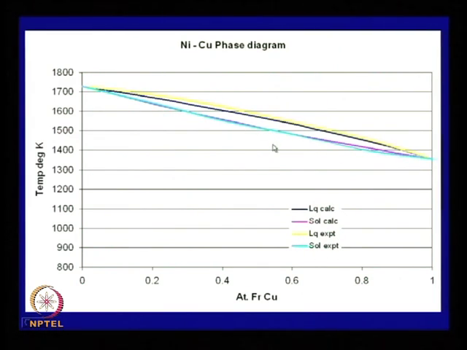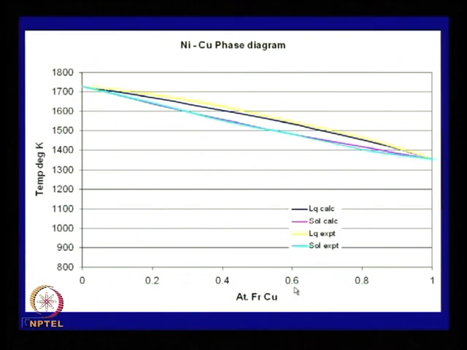You look at it, with these assumptions we are not very far away. Although there are little deviations near both these ends, we can say that nickel and copper nearly follow an ideal solution. If we assume that they form an ideal solution in both liquid and solid state, this assumption is not far away from reality.